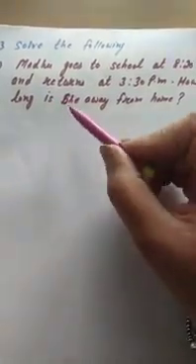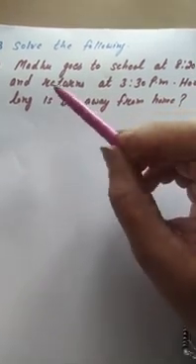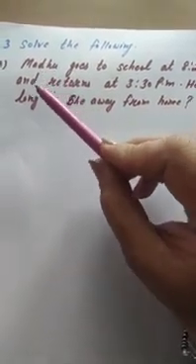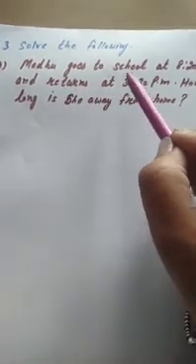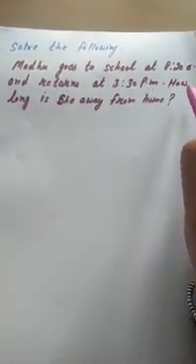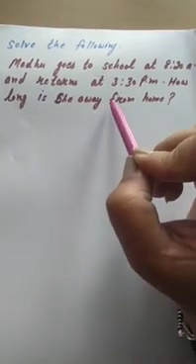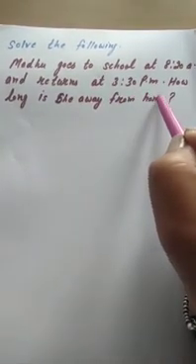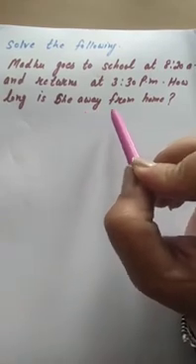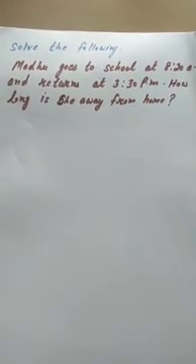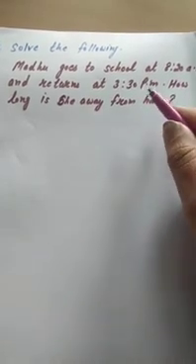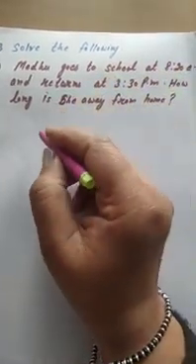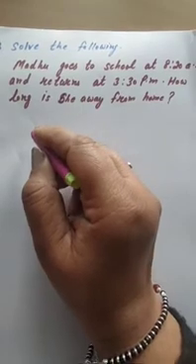Now we will start the statement sums. In question three, I am going to solve its A part. Madhu goes to school at 8:20 am and returns at 3:30 pm. How long is she away from home? Now we have to find the time between 8:20 and 3:30 pm. So here we will write the short statement.